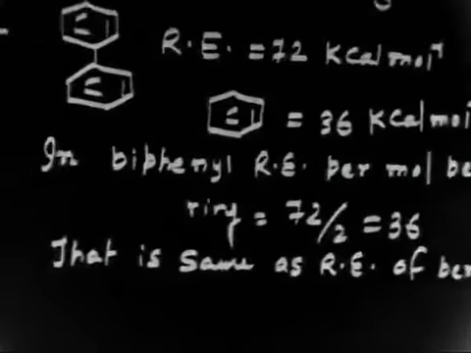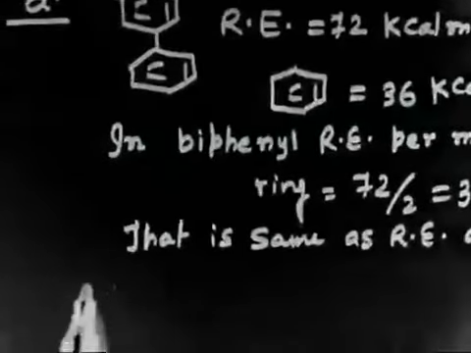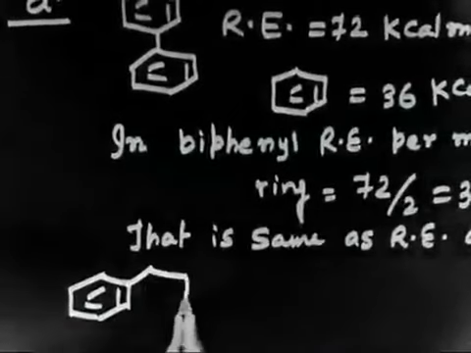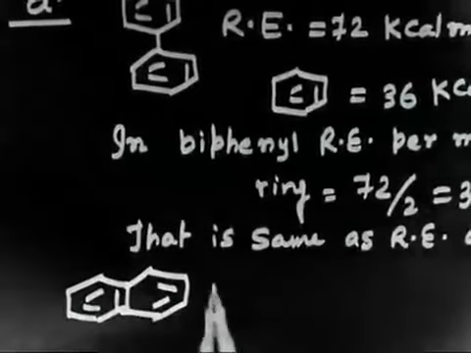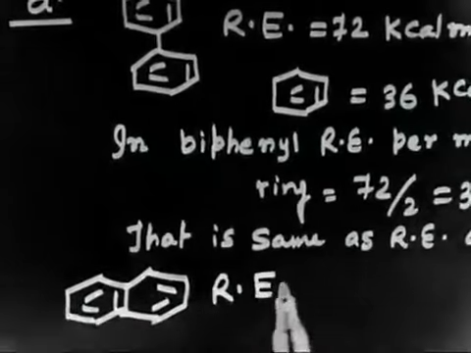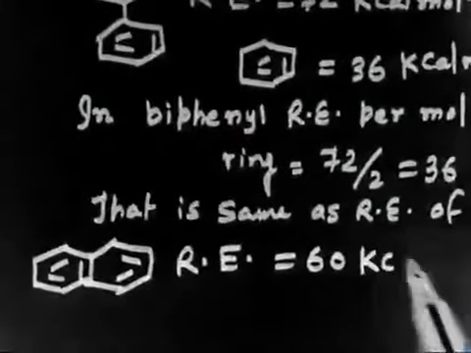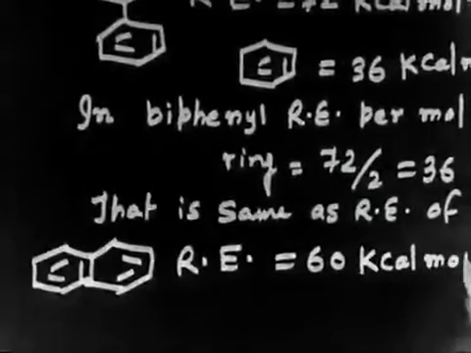Now let us compare this with naphthalene. Naphthalene has a resonance energy, which you have to remember or it should be given in the problem, of 60 kilocalorie per mole.